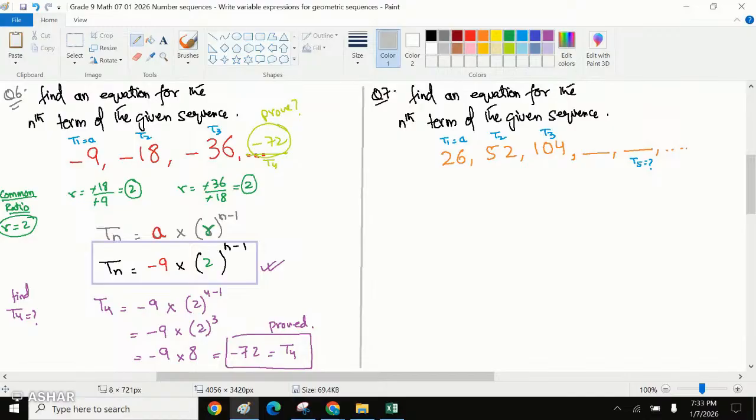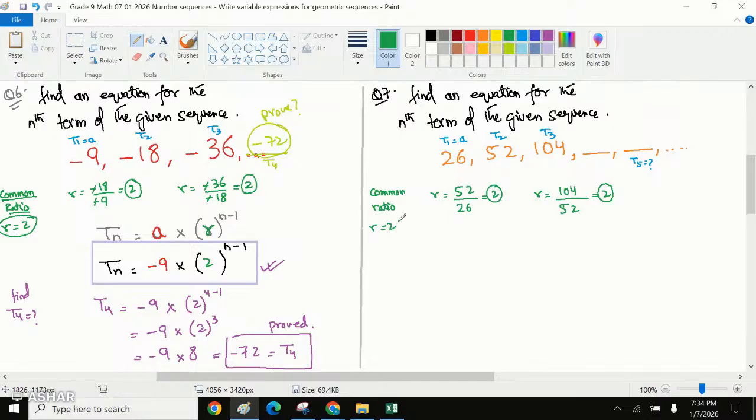So can we find the common ratio? Because common ratio is the basis for a geometric sequence, right? So term number 2 divided by term number 1, the ratio comes out to be 2. If we need to confirm the ratio, term number 3 divided by term number 2, the ratio is confirmed to be 2.